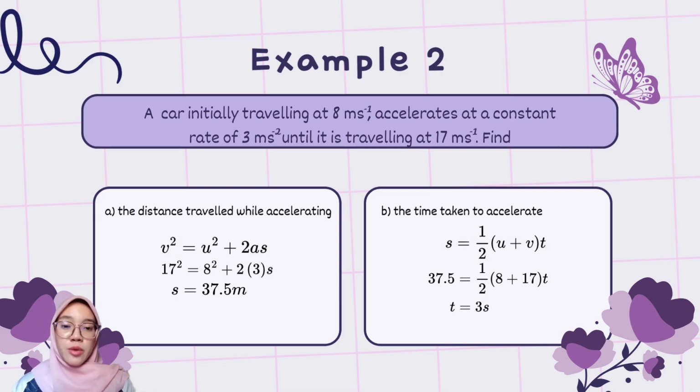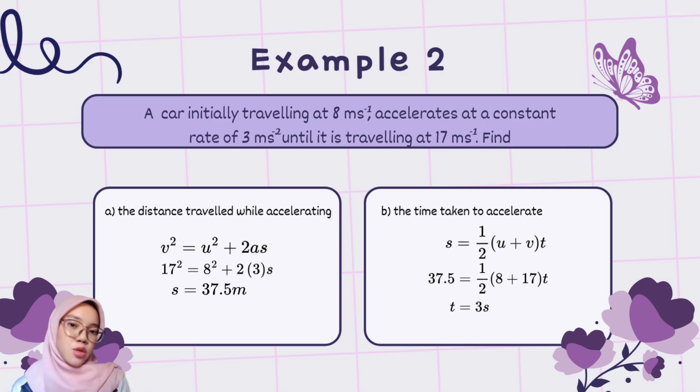And then let me move to the second one, where they want to know the time taken to accelerate. From the previous question, we found s, which is the distance traveled, and we can use it in this question because we use the formula that contains s, which is s equal to 1 over 2 times u plus v times t.